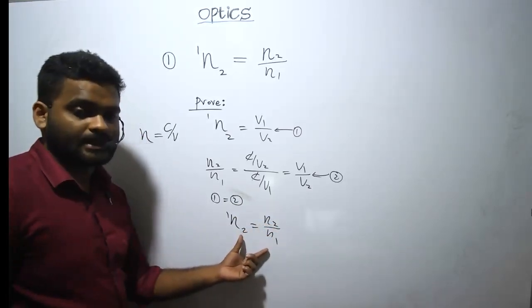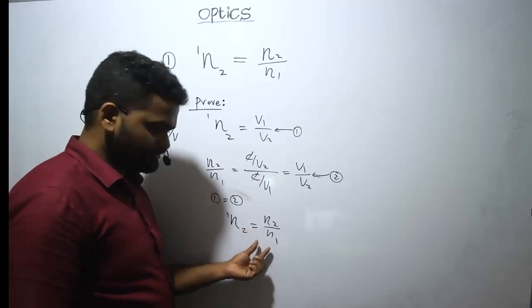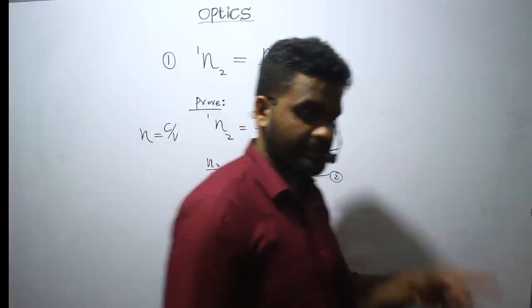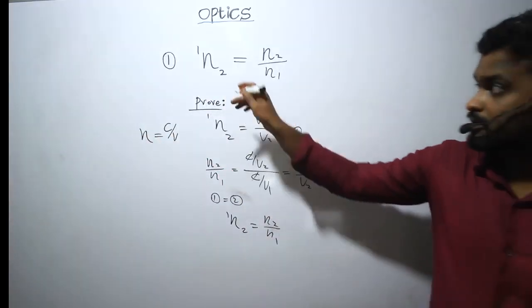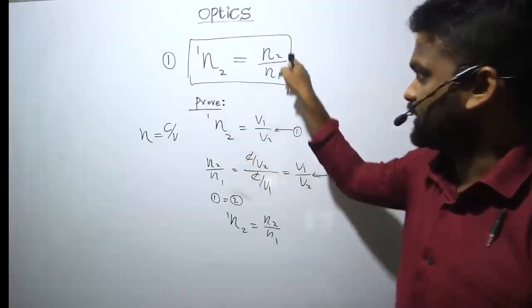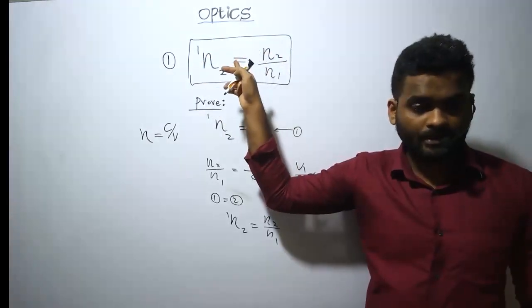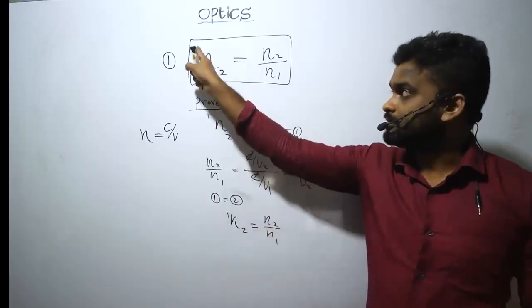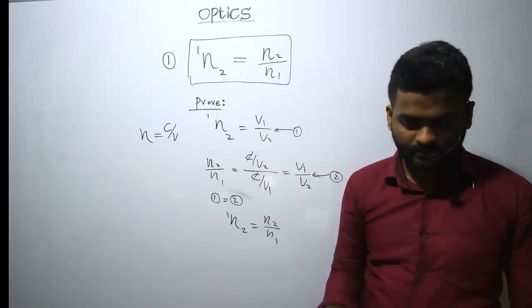You have to remember this, right? You can use this at once. This is a standard equation, okay? So that's why you have to draw a margin here. N1,2 is equal to N2 divided by N1.